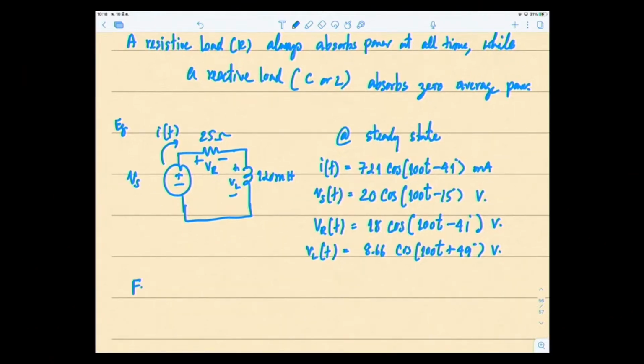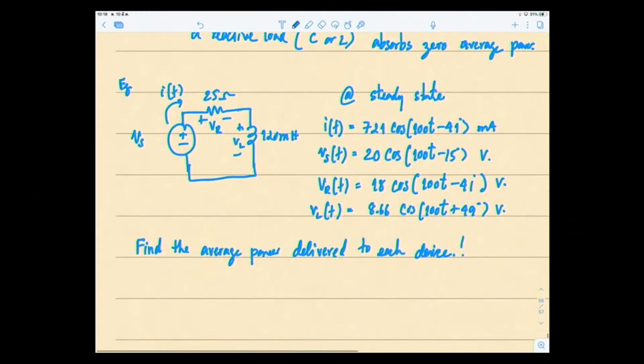We want to find the average power delivered to each device. Let's start with the resistor. So PR, the average power for the resistor. The formula is Vm Im over 2 cos of theta V minus theta I. Vm is the voltage drop across R, which is 18.